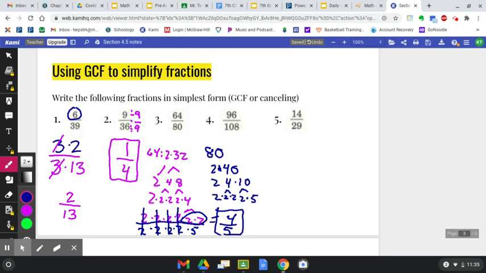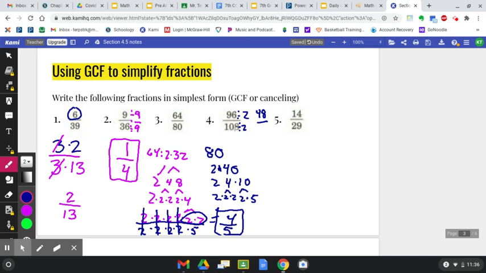So you can see that you can use prime factorization and just cancel out. You can look and see, do you have a GCF? And you might get there in steps. You might say, okay, I know that 96 can be divided by 2, and so can 108. If I divide 96 by 2, I should get 48.